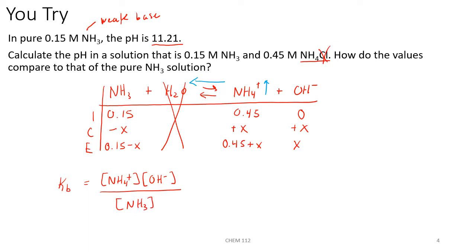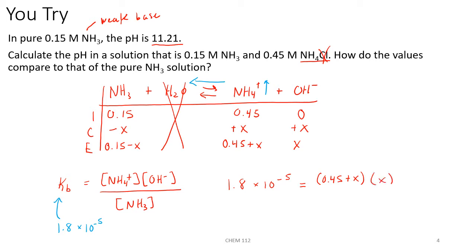We can look up the Kb for ammonia off of our acid-base ionization chart. The Kb for ammonia is 1.8 times 10 to the negative fifth. So we're going to plug that in and also plug in everything from our equilibrium line. 1.8 times 10 to the minus fifth is equal to, we're going to have 0.45 plus x for NH4 plus.